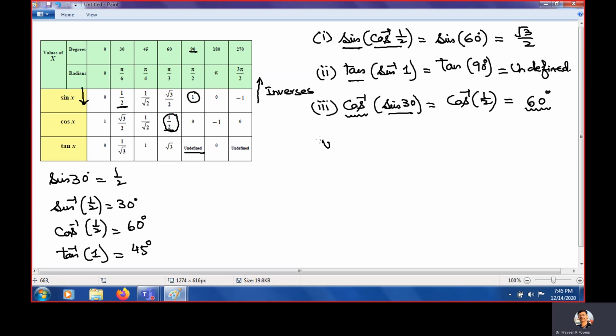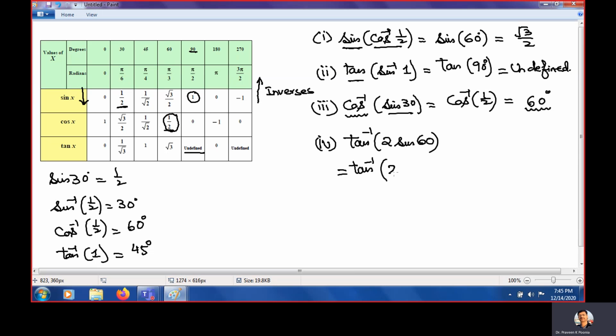Understand? Okay. One more question and we will take it last. It is tan inverse of 2 sine 60. So how will we calculate?